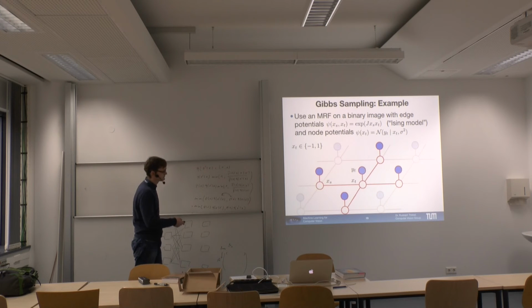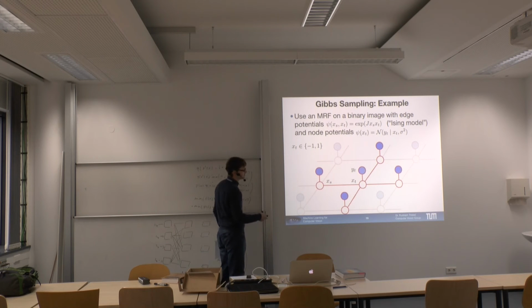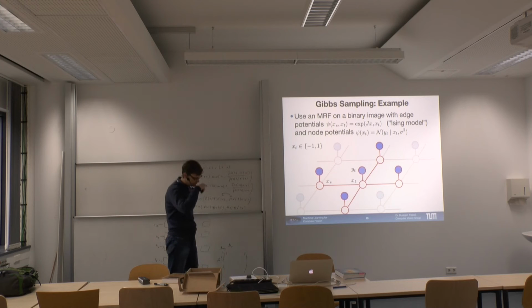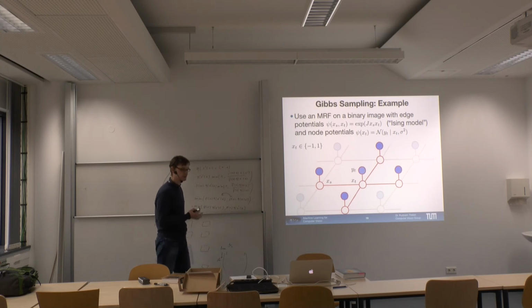These are the state variables that can have state 1 or -1, sorry. And the blue ones are the observations. This is the actual pixel that we measure, right? And now we'd like to find the optimal states of the latent variables so that the noise is removed, right?